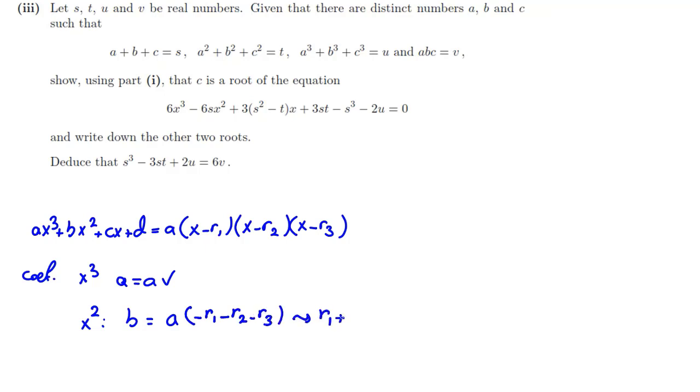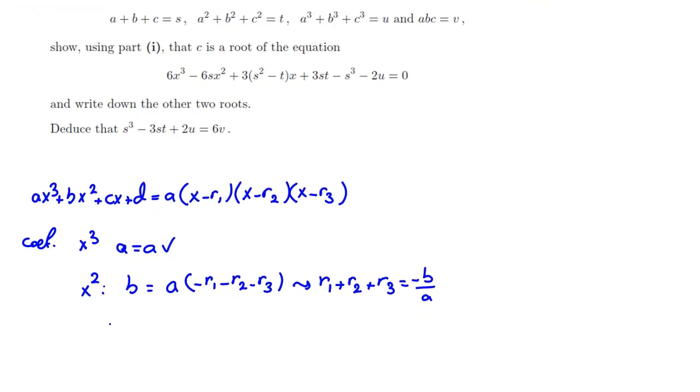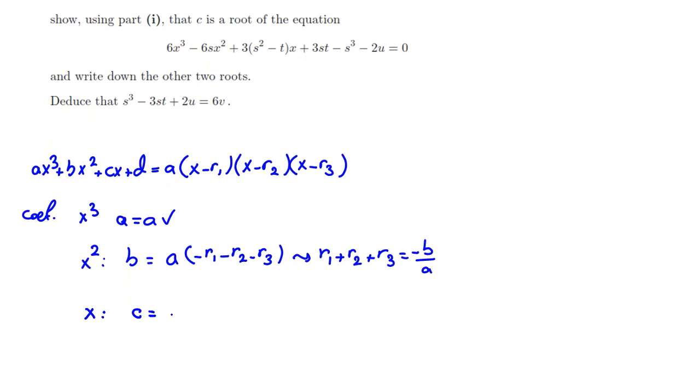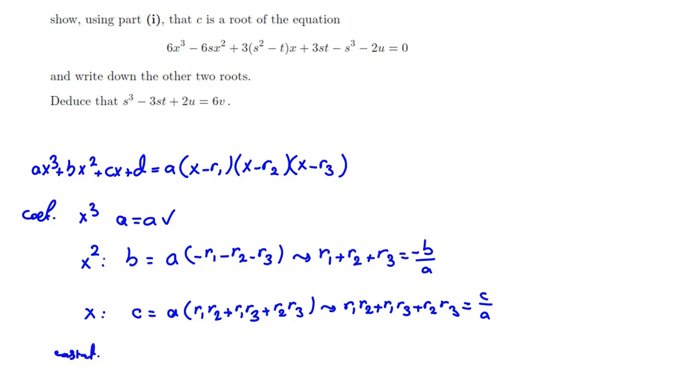So the sum of the roots r1 plus r2 plus r3 equals negative b over a. For the coefficient of x, on the left side it is c, on the right side it is a times (r1 r2 plus r1 r3 plus r2 r3). So r1 r2 plus r1 r3 plus r2 r3 equals c over a. And for the constant terms, d equals a times negative r1, negative r2, negative r3, which is negative r1 r2 r3. So r1 r2 r3 is negative d over a.